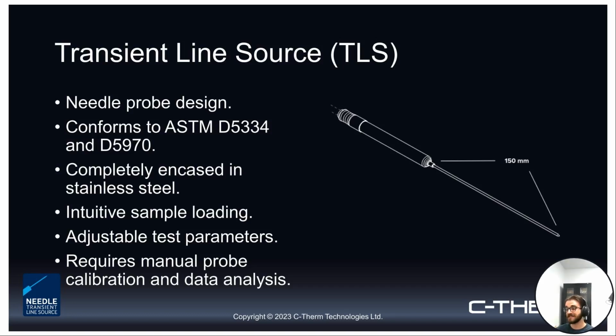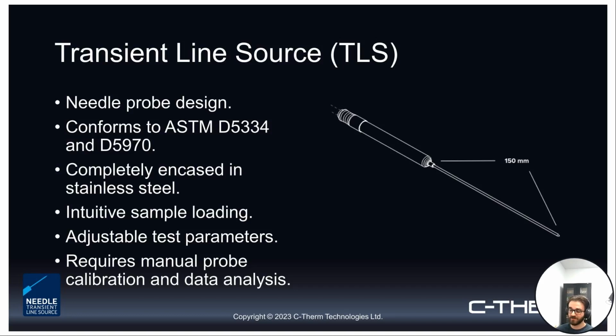Now, the TLS is completely encased in stainless steel, so it does make it quite robust to damage from materials. So a lot of the times we have groups working with more chemically aggressive substances, sticky, tacky, or abrasive materials. Again, the TLS is a really good option there for testing these types of samples from a sensor robustness standpoint.